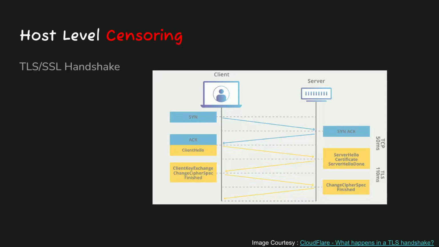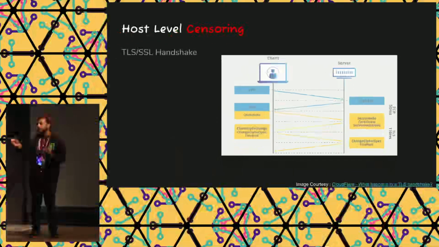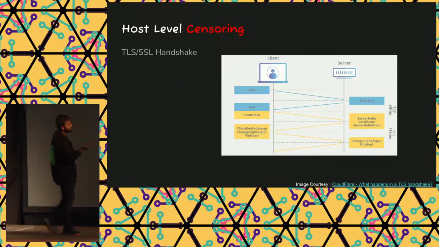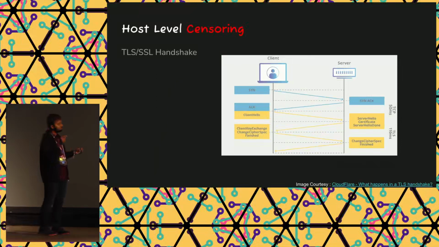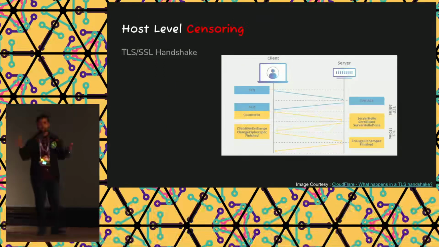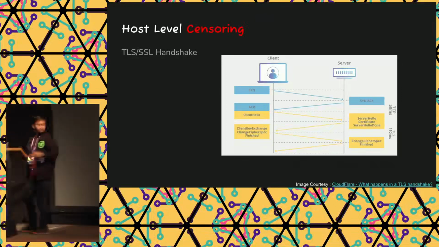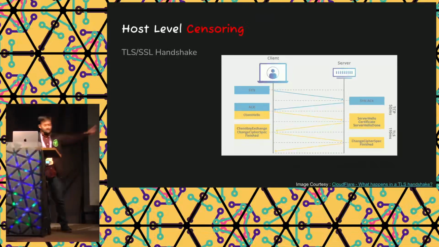It also has the server name indication, which mentions that this is the particular website that I want from you. In response, the server would send a server hello, certificate and server hello done. The certificate is the one that would help create the encrypted channel between your machine and the server. So this part is the unencrypted one, and this is where your ISPs come into the picture.